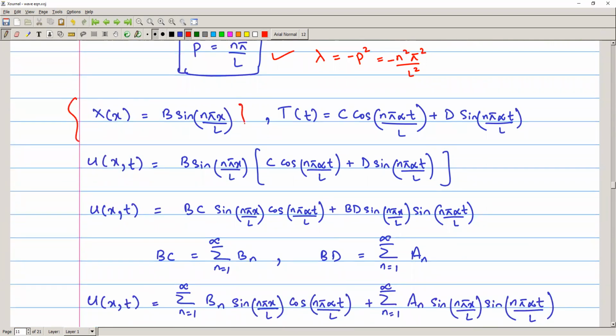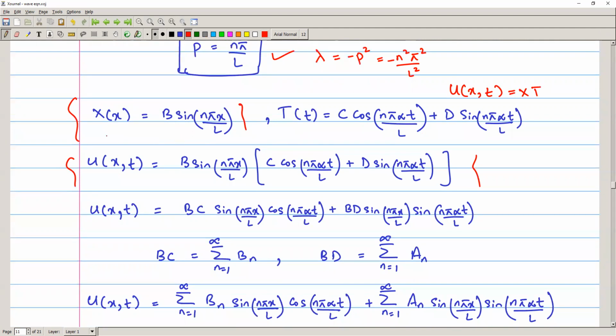Here X of x is equal to B sine n pi x over L, and T of t is equal to C cosine n pi alpha t over L plus D sine n pi alpha t over L. Then we will generate the general solution for this problem by using u of x comma t is equal to X times T.